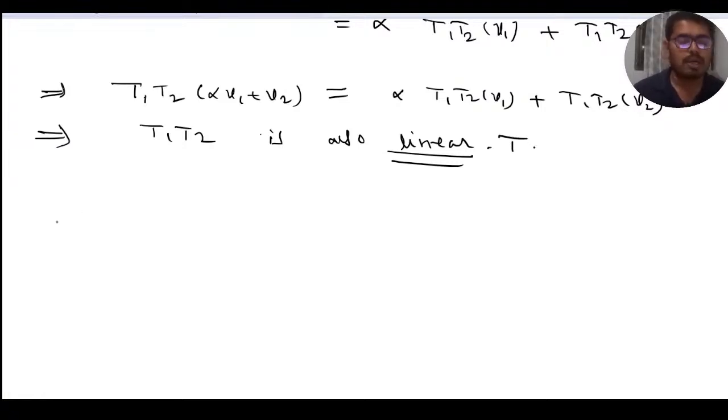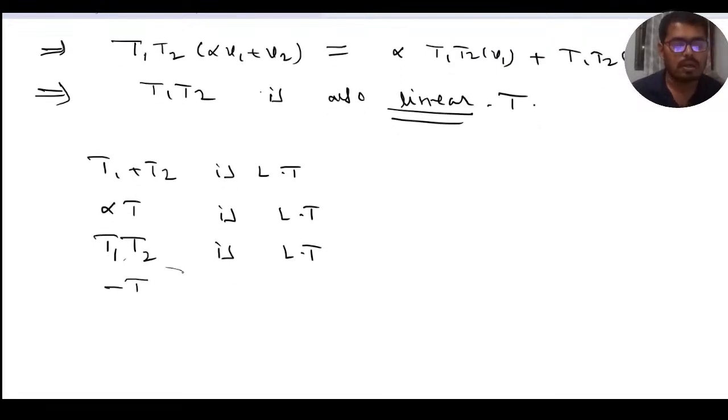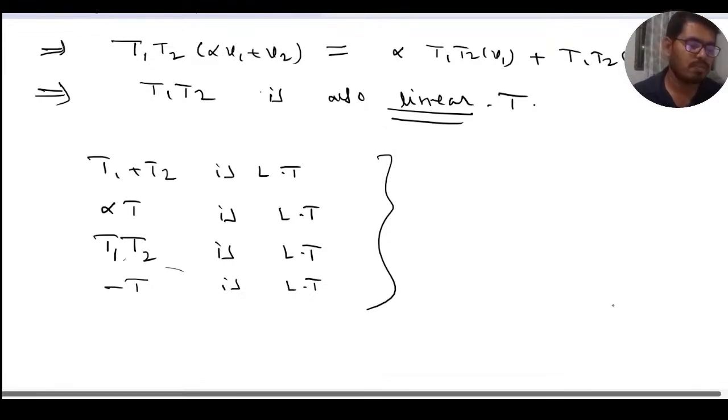T1 plus T2 is also a linear transformation. Alpha into T is also a linear transformation. T1 into T2 is a linear transformation. Then the negative of a linear transformation is also a linear transformation. All these properties hold for linear transformations.